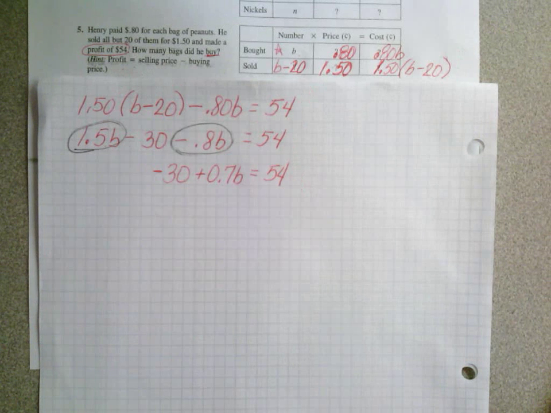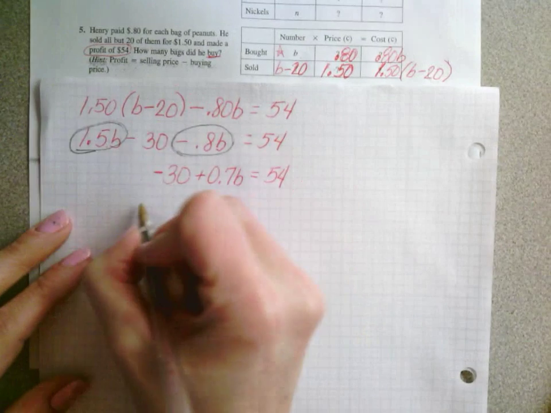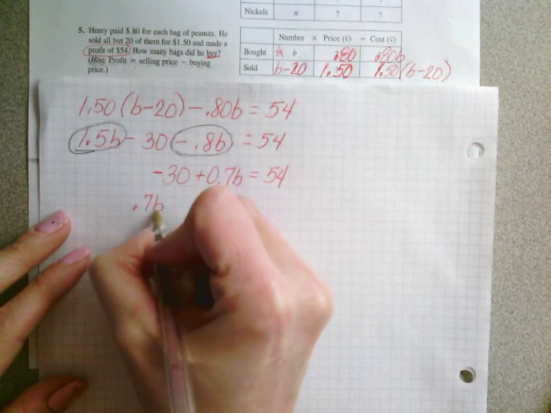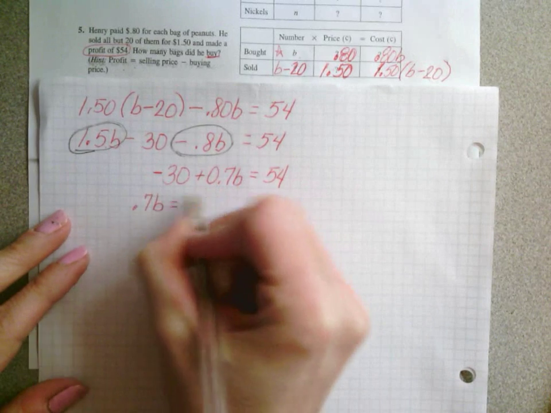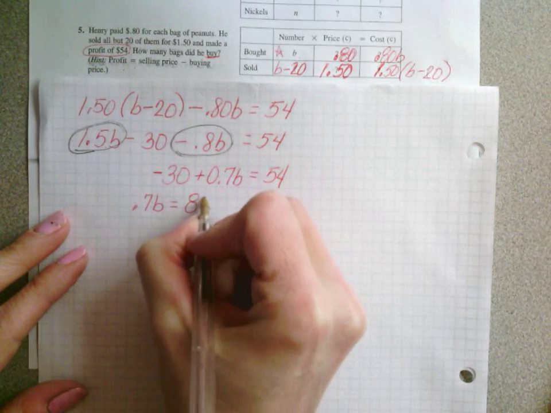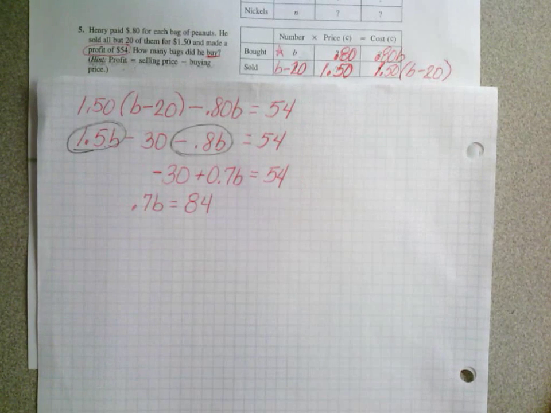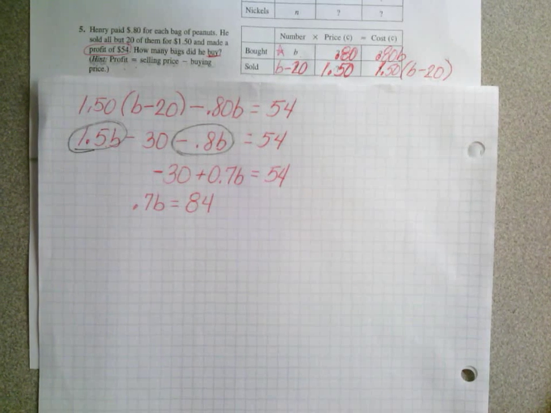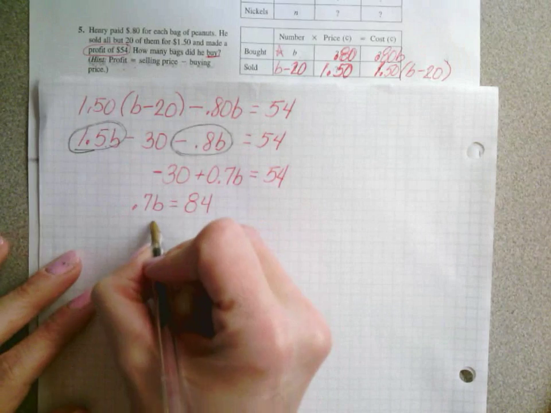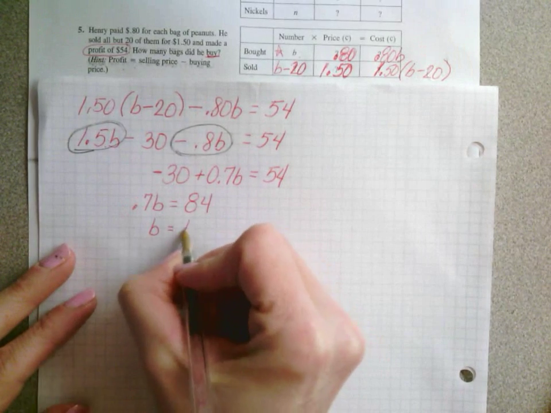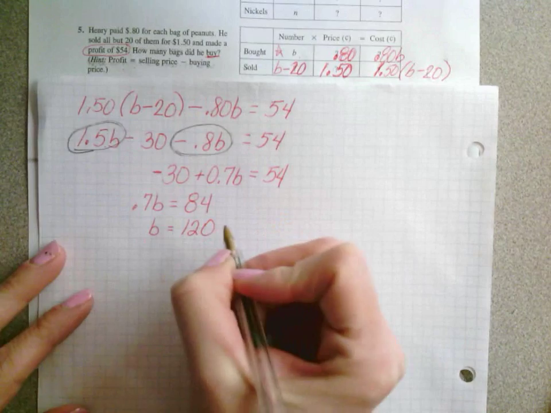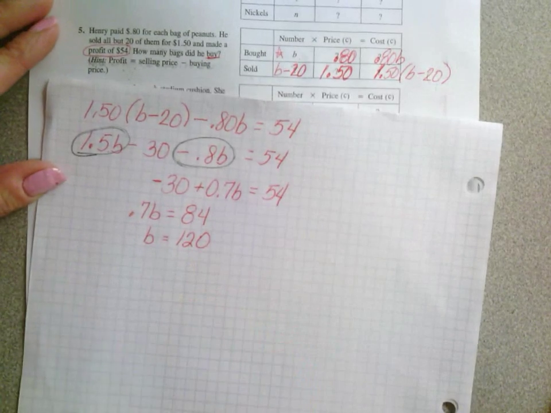So far so good? Add 30 and you get 7/10 B is 84. Divide by 7/10. What do you get? How much? Yep. After you divide, you end up with 120, which means he bought 120.